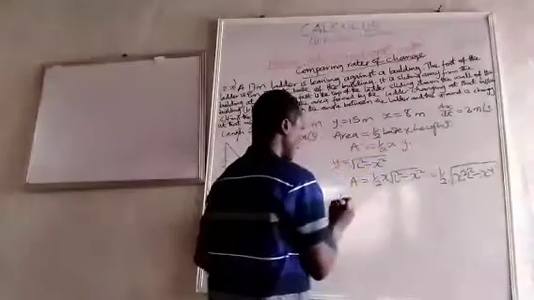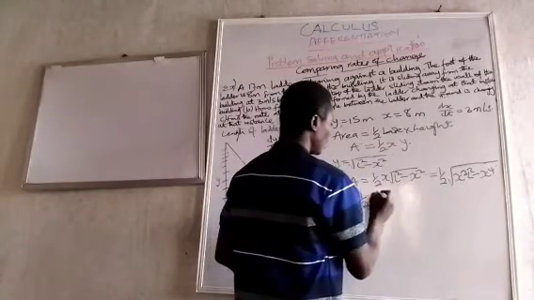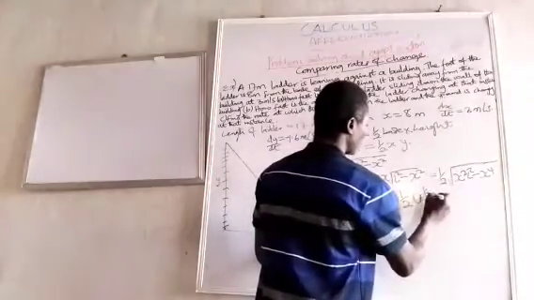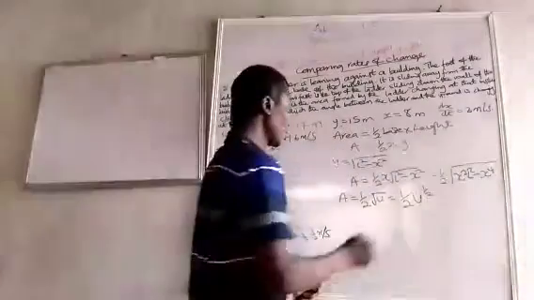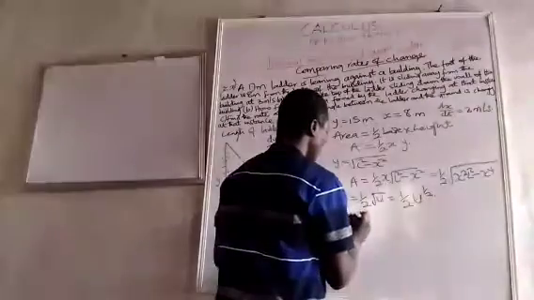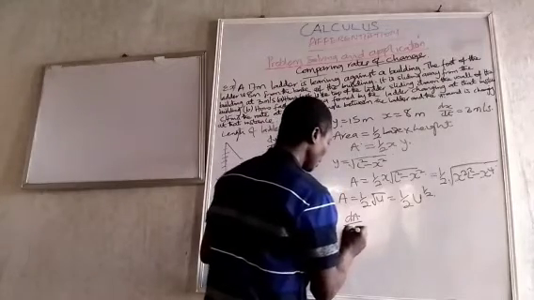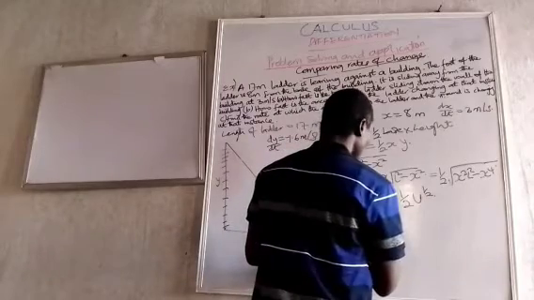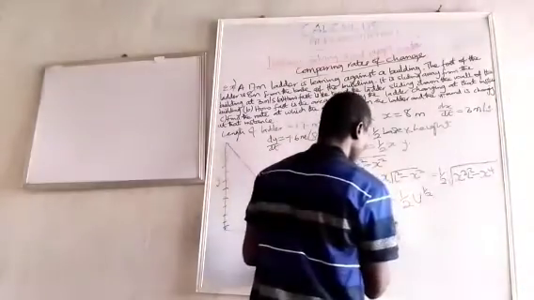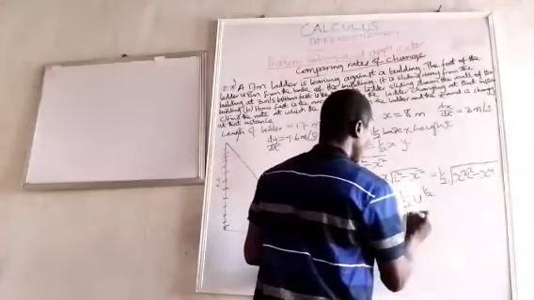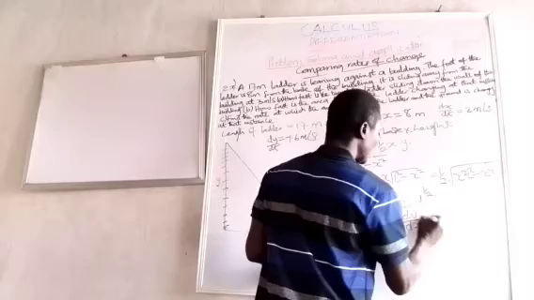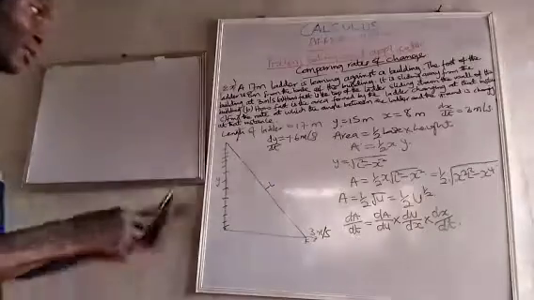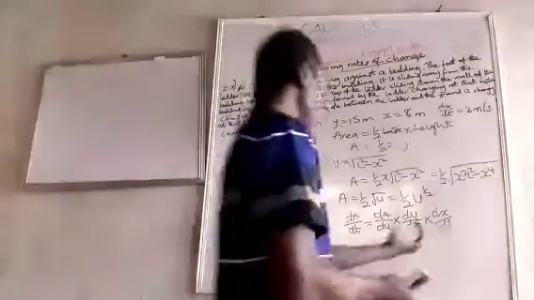Now, I can say A equals half root u, half u raised to the power half. You understand? So I can now say dA dt is equal to dA du times du dx times dx dt.